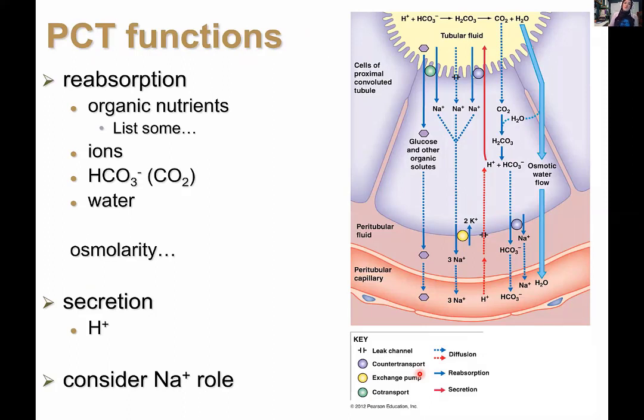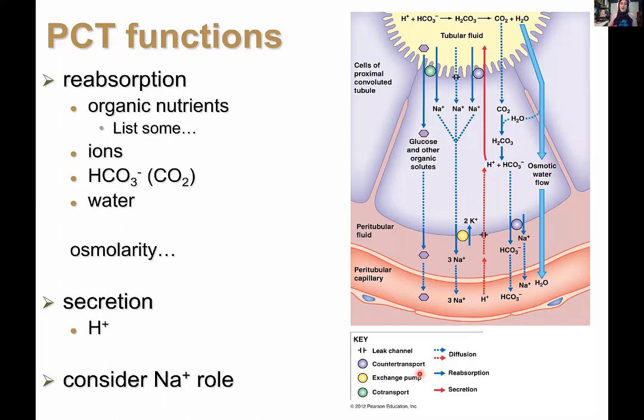Okay, so PCT functions, in summary. I already sort of went through these, so this is just a summary slide. Reabsorption of organic nutrients. So these are going to include things like fatty acids, amino acids, monosaccharides, basically all the stuff we just talked about being absorbed by the intestines, because of course all of those nutrients, those monomers, are transported in the blood, which means that they're going to pass through the kidney, and odds are they're going to end up in the filtrate.